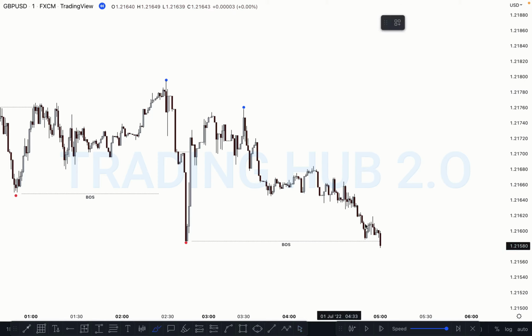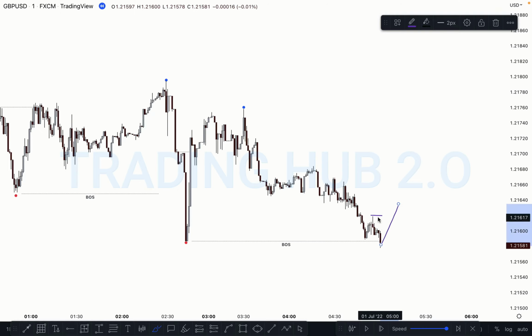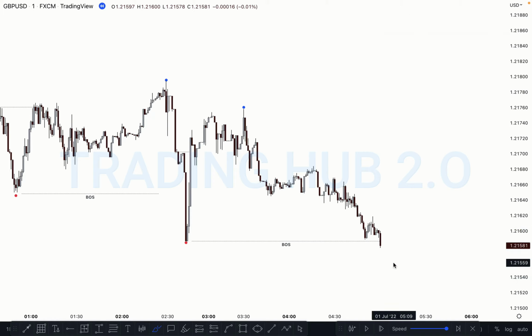I'm talking about minor structure. Okay, so this one. If price breaks this high, then this becomes our lower low, correct? If price does not break this high and pushes downside, then this becomes our new lower low, correct? So let's see what happened next.